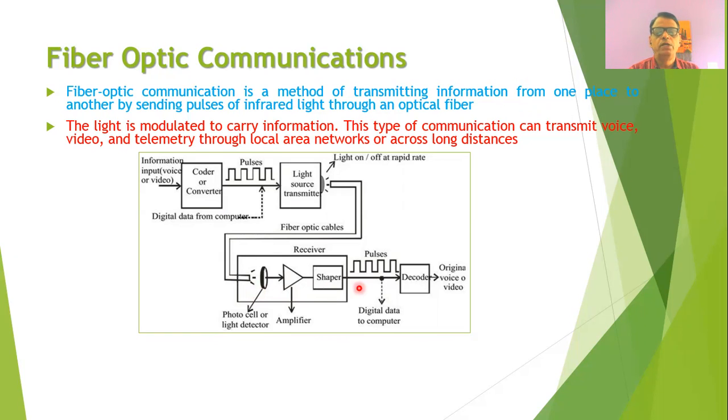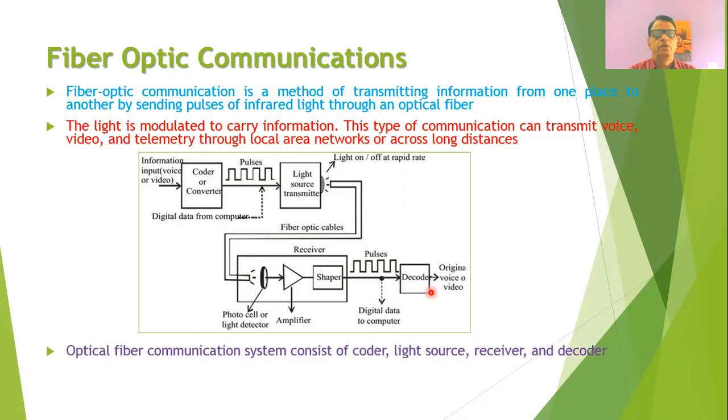So at the output of the receiver, we get digital pulses. These digital pulses can be stored in digital devices such as computers, or you can connect them to the decoder circuit, where we can obtain the original voice or video information. So the optical fiber communication system shown in this diagram consists of the coder, the light source, the receiver, and the decoder.